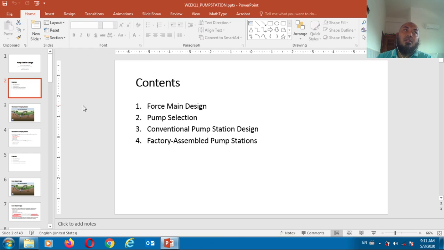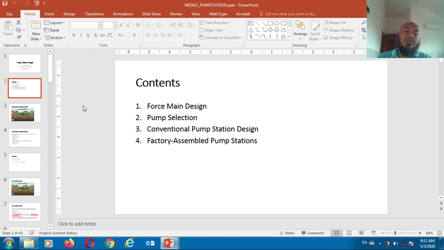In order to bring this sewage to another level, we need a pipe to convey the liquid to the other main. So between the pump station and the main, that's the pipe.